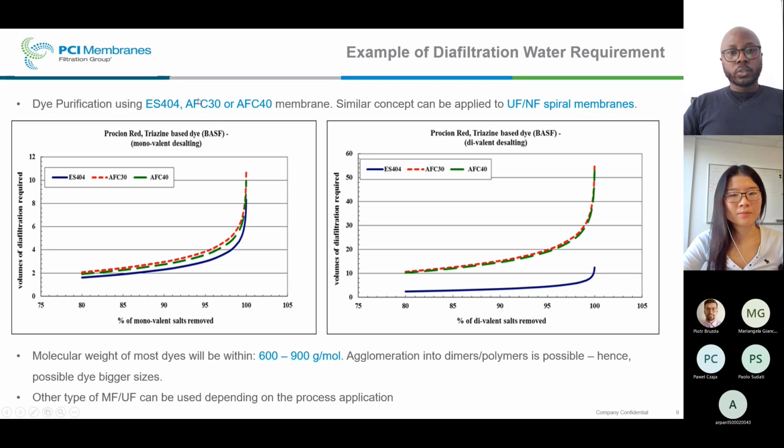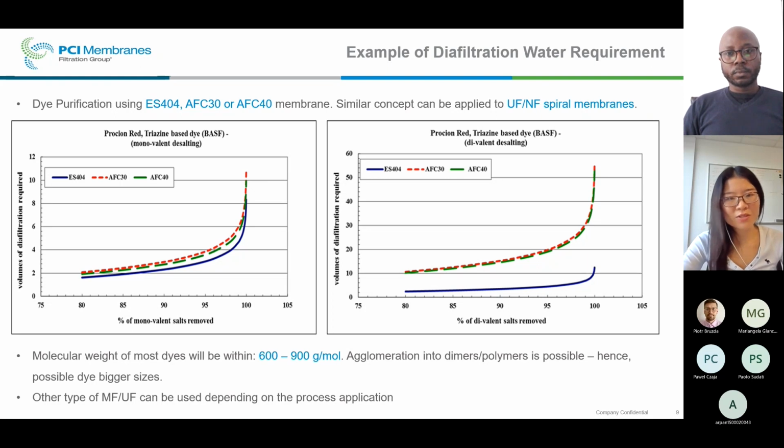It could be used with the tubular configuration, but it can also be used with the spiral configuration only if the dye has a low amount of solids, and also only if the dye hasn't got the ability to precipitate. So if the dye could precipitate, then it might not be suitable to utilize the spiral configuration for these applications. So these are more or less the benefits and disadvantages of using either of these configurations.